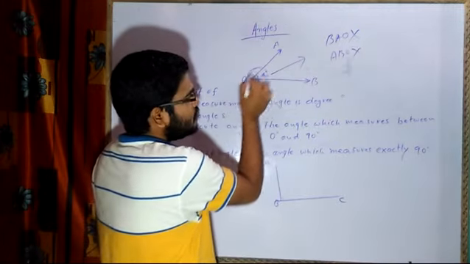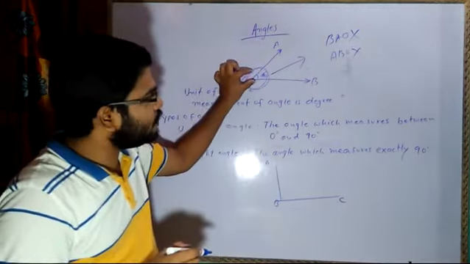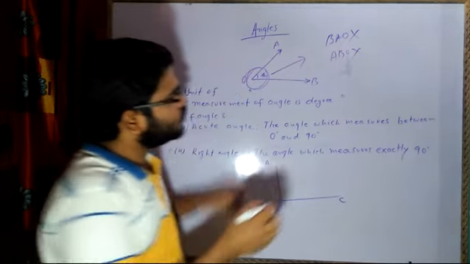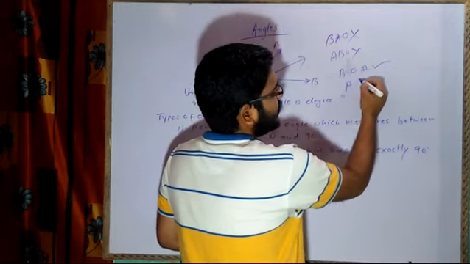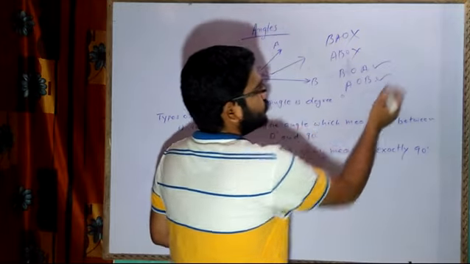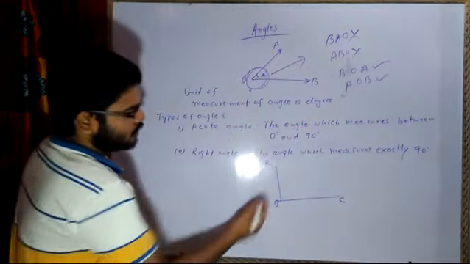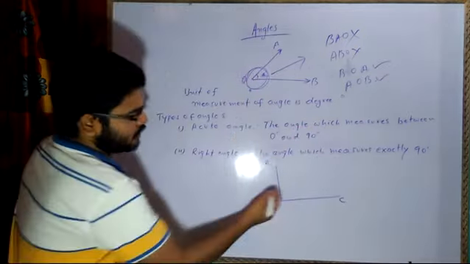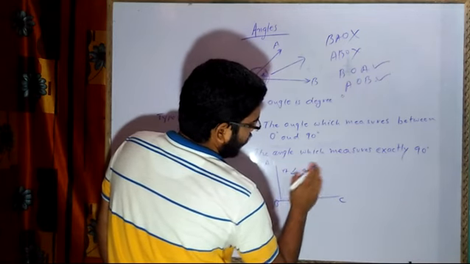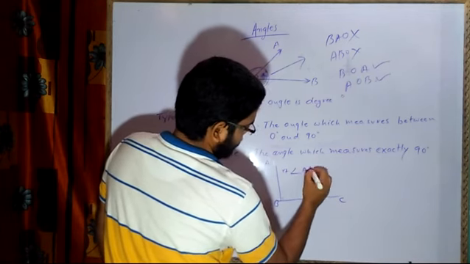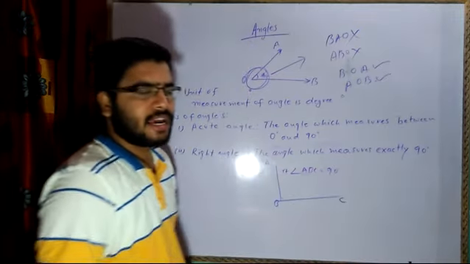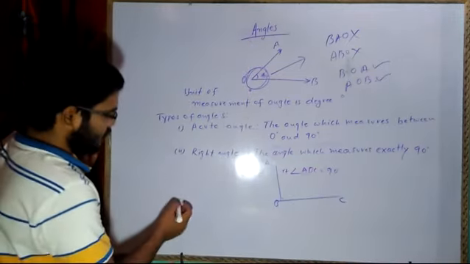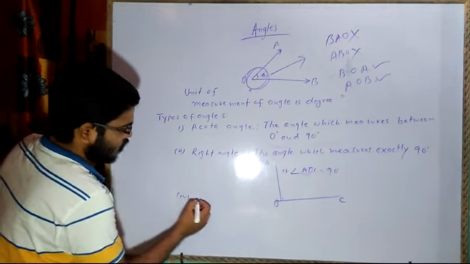The name of the point where the angle is formed should be in between. So here it will be right angle 90 degree, or right angle ABC equals 90 degree, or directly right angle means 90 degree. Now we have the third type, that is obtuse.